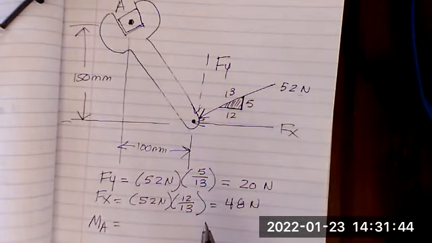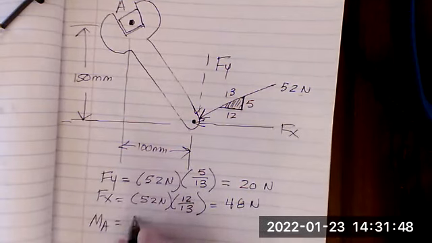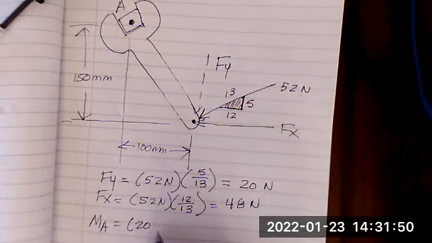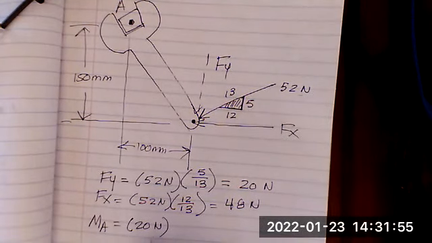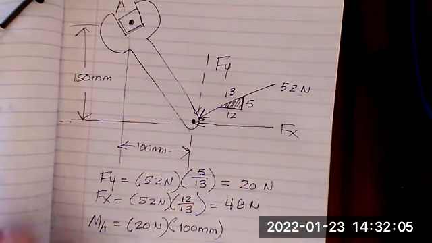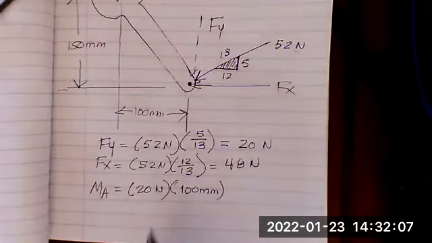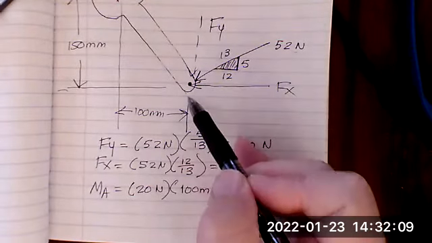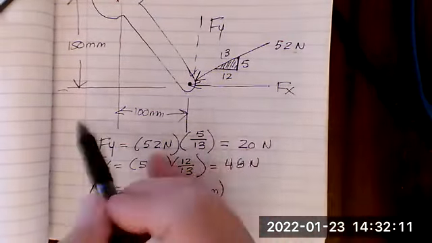So let's take Fy first. Fy is 20 newtons. The unit for force in the SI system is newtons, times 100 millimeters. Fy is causing a what?